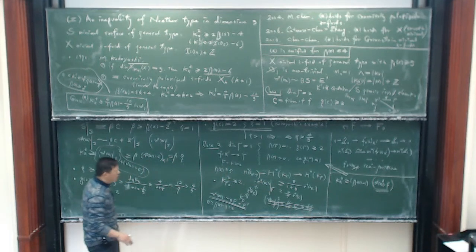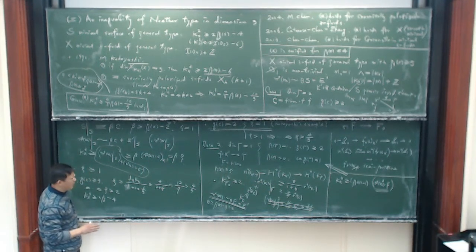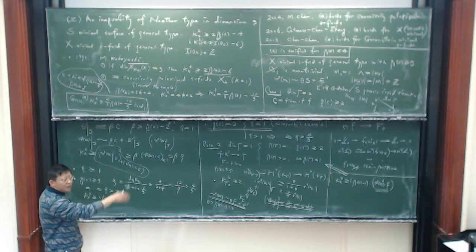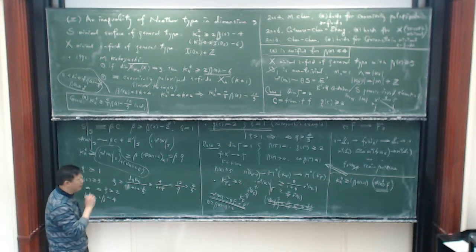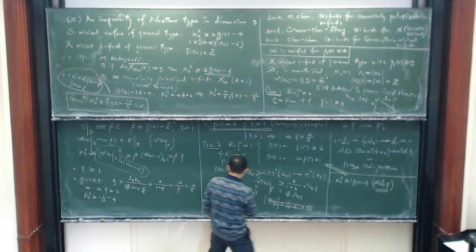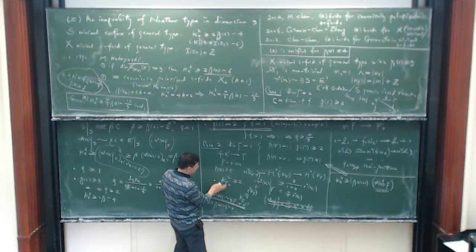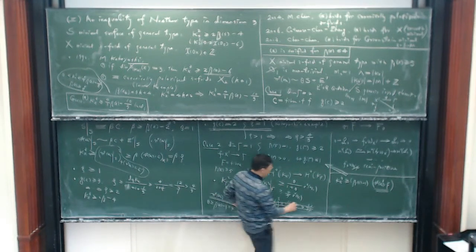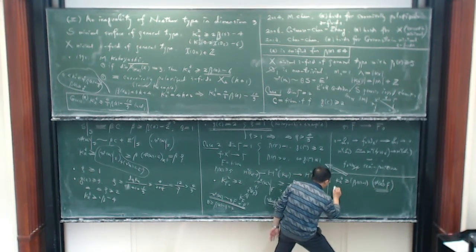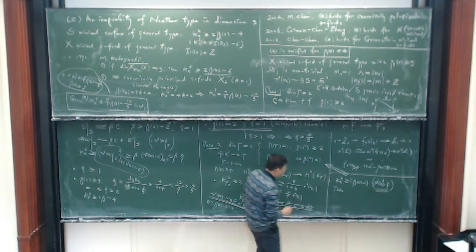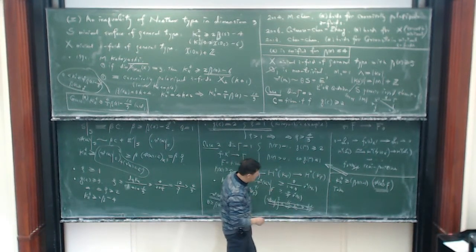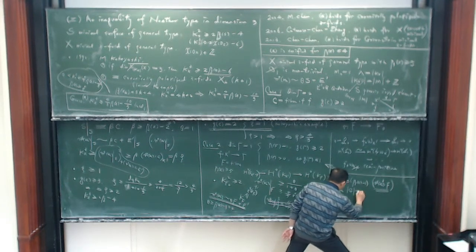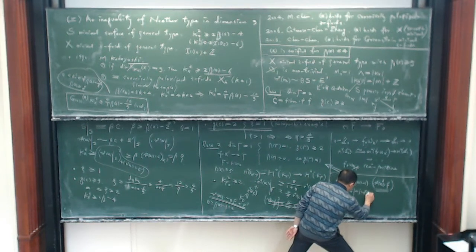I still want to use my technique. I will take a moving linear system on F, and use my key theorem to estimate this. So how can I do it? Since in our case PG, PGF is positive, I will take the base point free linear system to be simply 2 sigma up star kf naught.